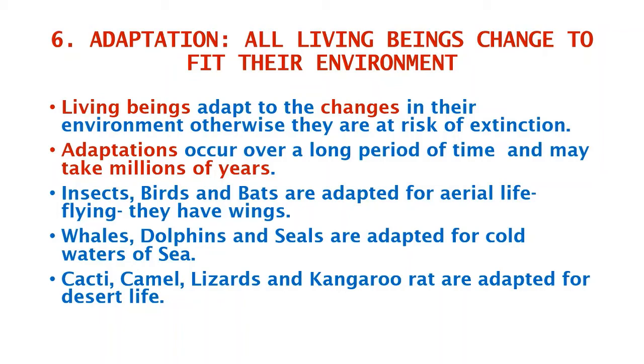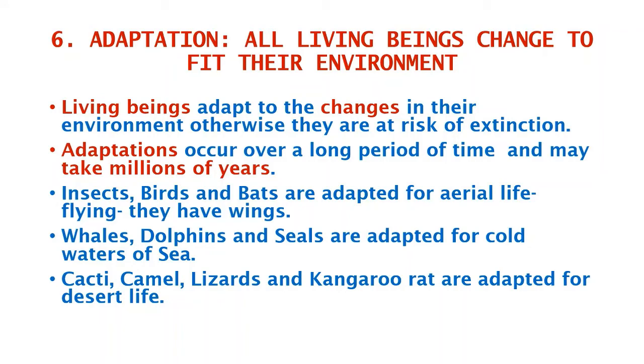The insects, the birds, the bats are adapted to aerial life. They have got wings for flying. The creatures living in deep seas, like whales, dolphins, seals, are adapted for cold waters.